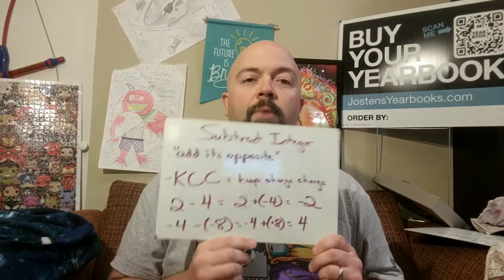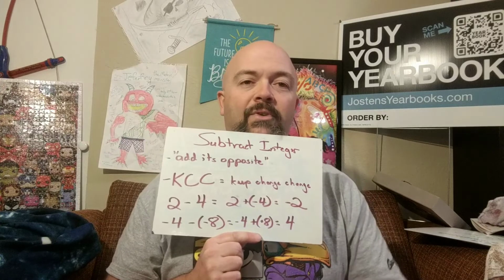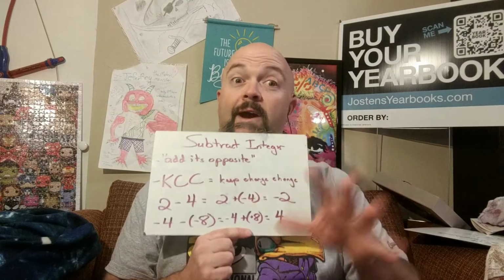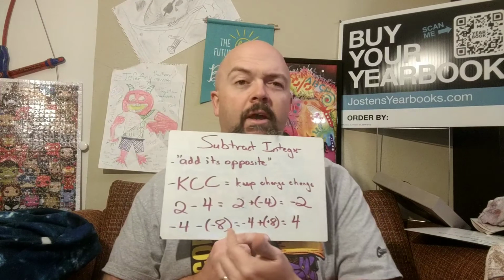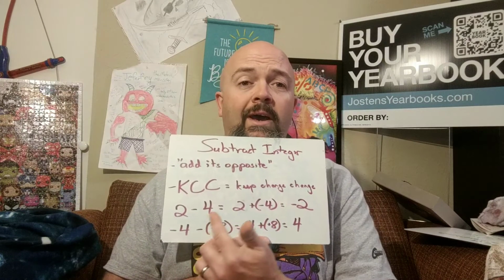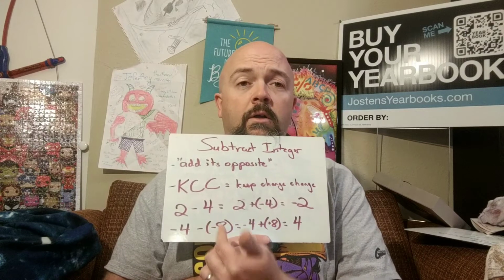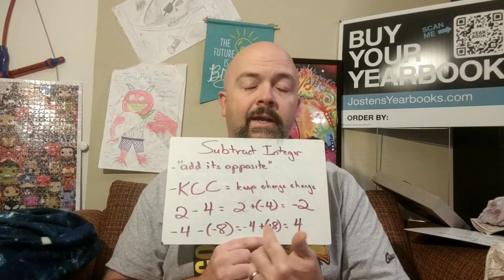For subtracting, though, it got a little different. Basically, the overlying process was the idea of adding its opposite. When you're subtracting integers, you are adding its opposite. I utilize the KCC method. Keep, change, change, right? So if we had 2 minus 4, well, we keep, change, change, that would become 2 plus a -4.